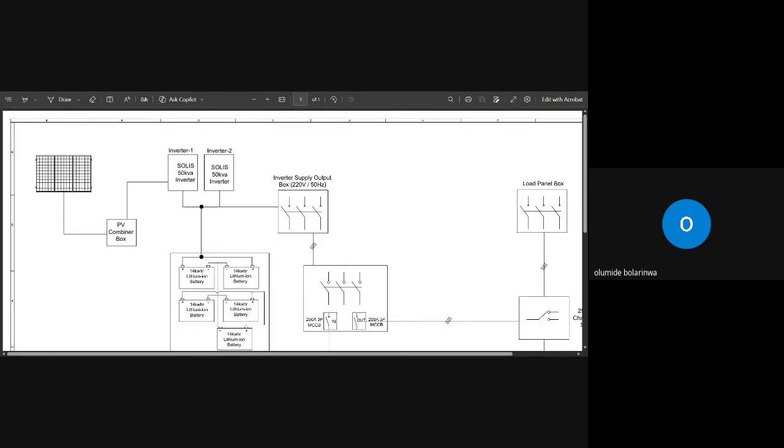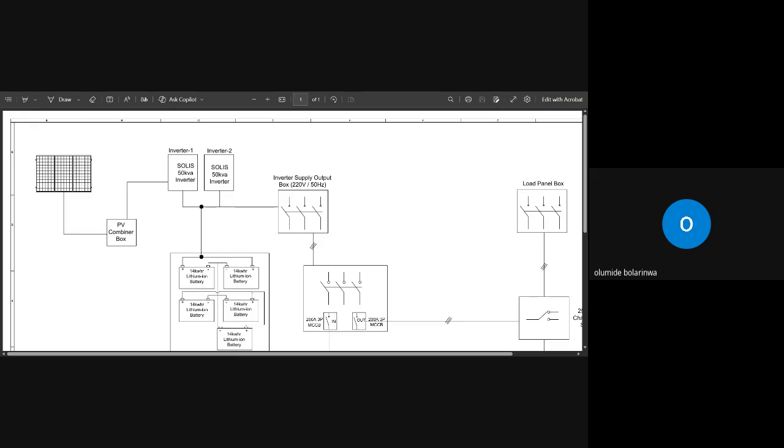Anybody? Sorry, sir, I did not quite get that. Can you come again, sir? You have an inverter of 100 kVA and your solar panel is 100 kVA.